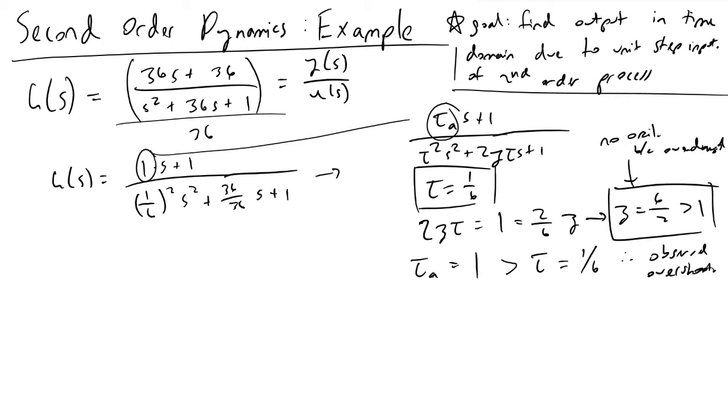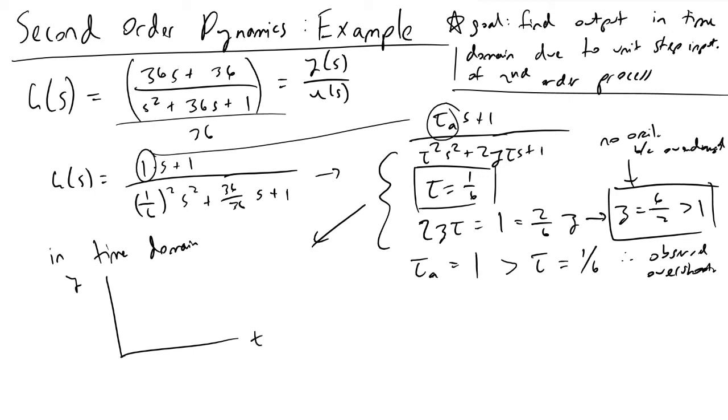And so what all of this information tells us is that in the time domain, if we wanted to look at how our output y will respond to a unit step input, what we would find is that we would have an initial response, and then it would return back to the new steady state value.